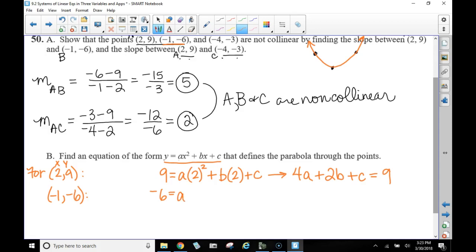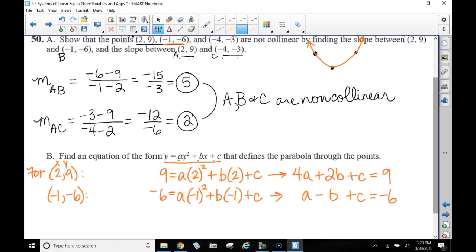We don't know what a, b, and c are here. That's what we're ultimately going to be trying to find. But we're going to have an x value of -1 to be squared plus our b value times -1 plus c. Cleaning that up, that'll give us 1a minus b plus c equals the -6.